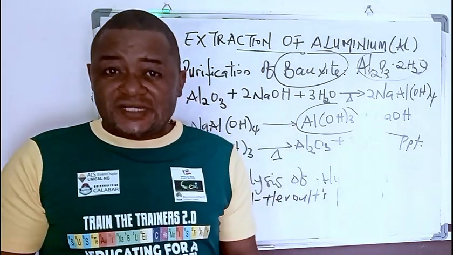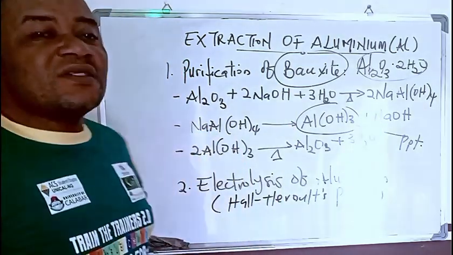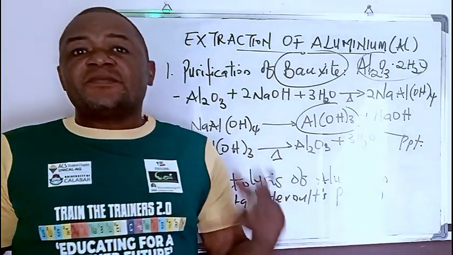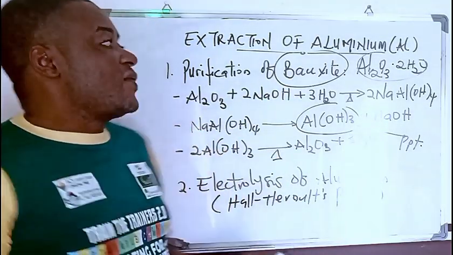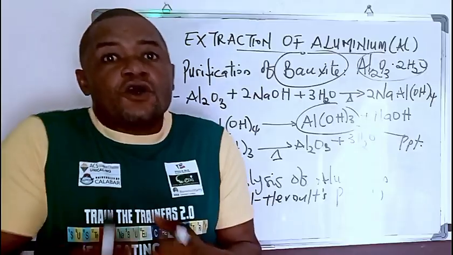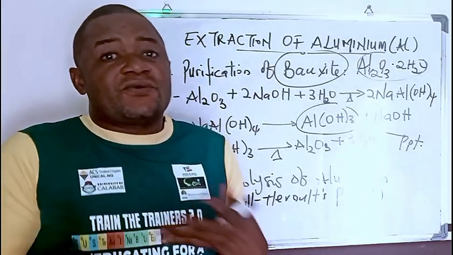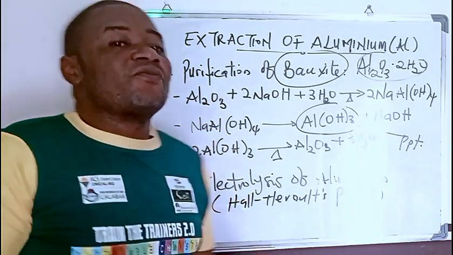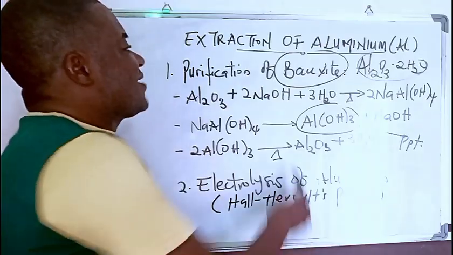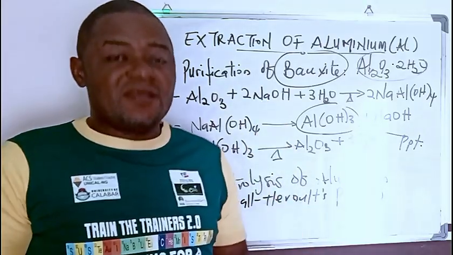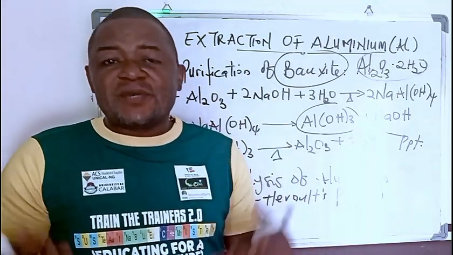Sodium aluminate is the product that you will obtain when bauxite is heated with caustic soda. So once bauxite is obtained from the soil, it is crushed, then dissolved in some amount of water and in caustic soda, which you popularly call sodium hydroxide.